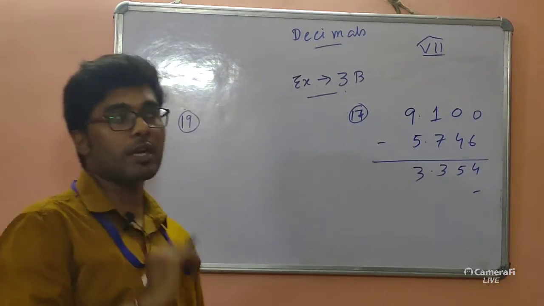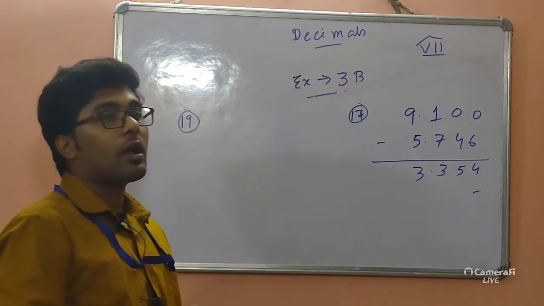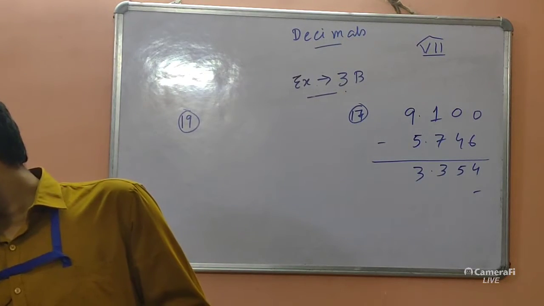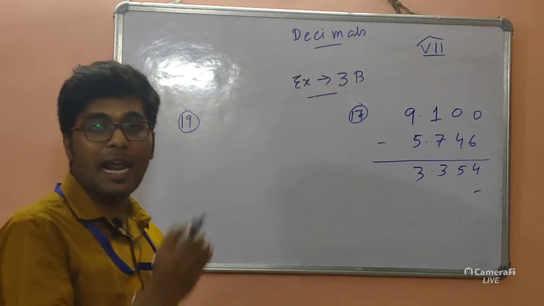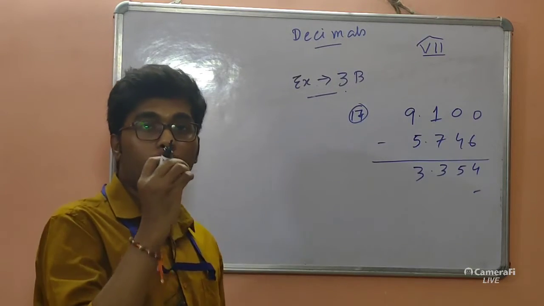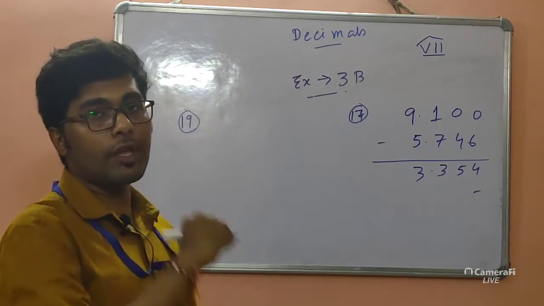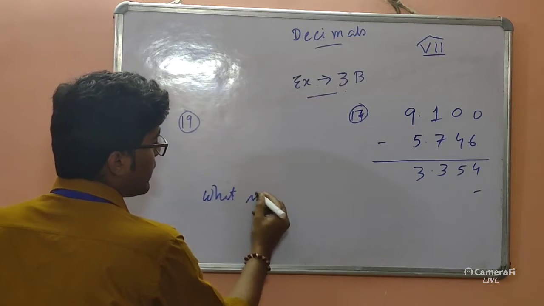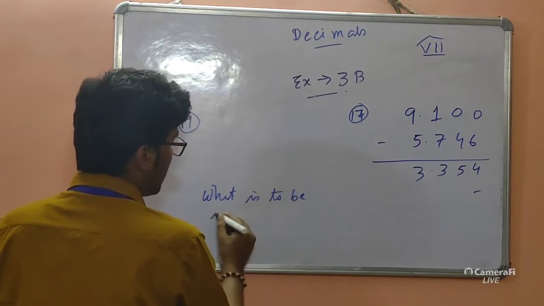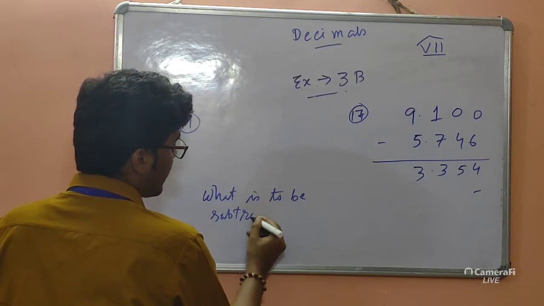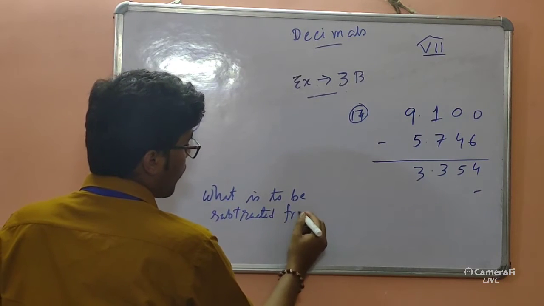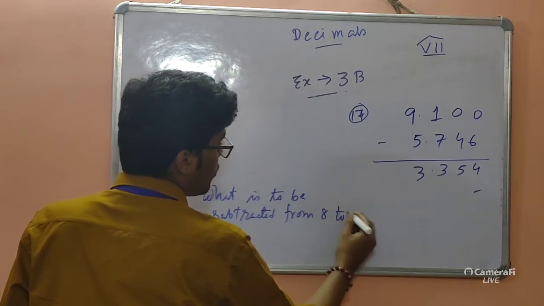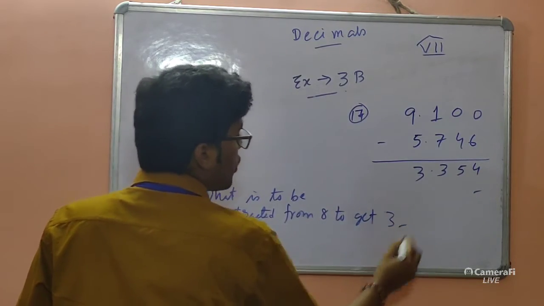Suppose the question says, what is to be subtracted from 8 to get 3? So what do we want?